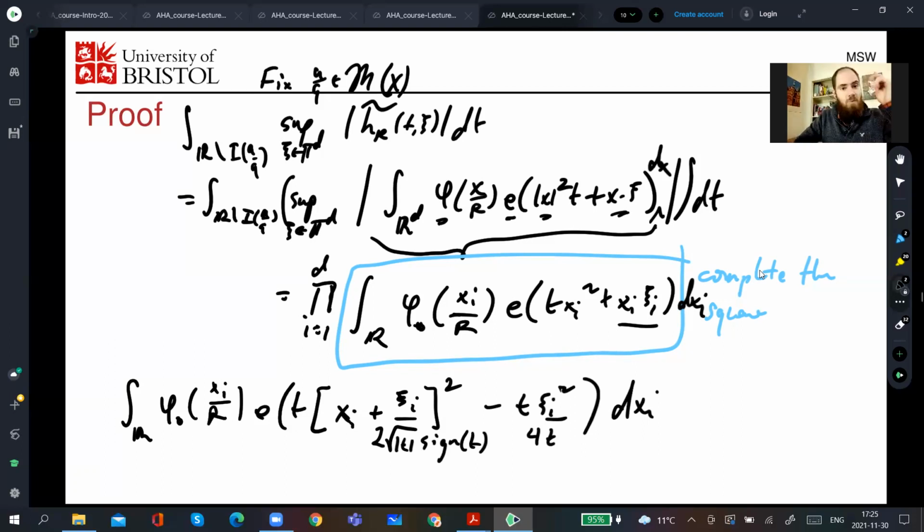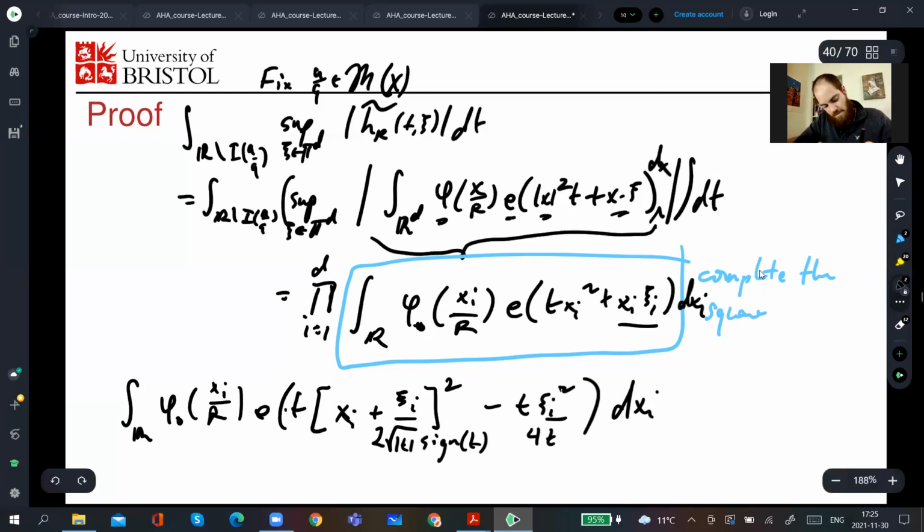Depending on whether t is positive or negative, this sign function is just going to correct that. And the sign function may actually be i or minus i or something like that. Are you happy with that?